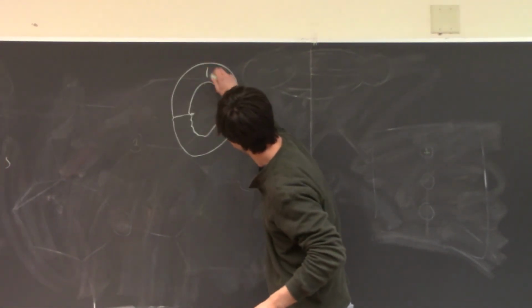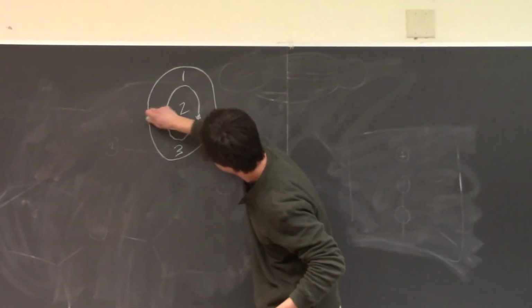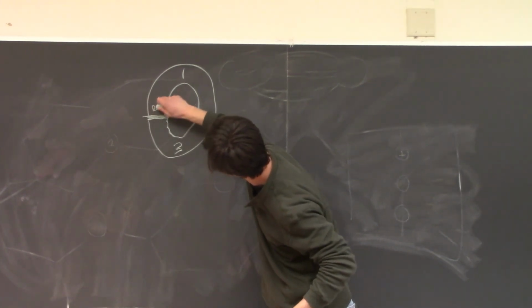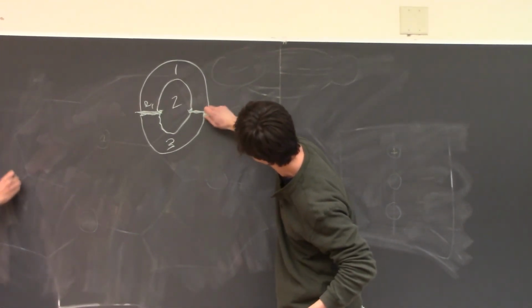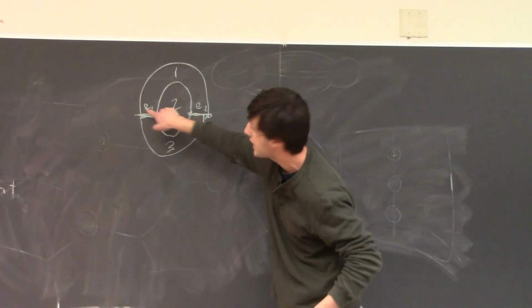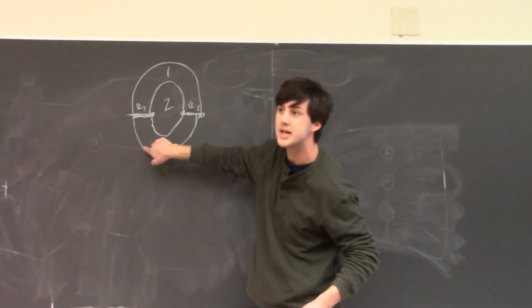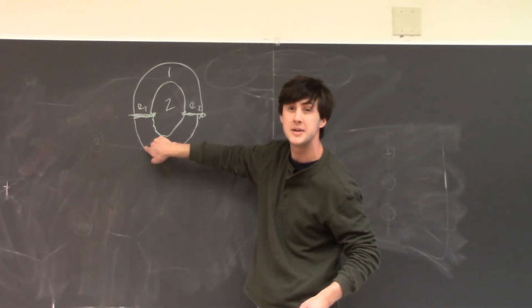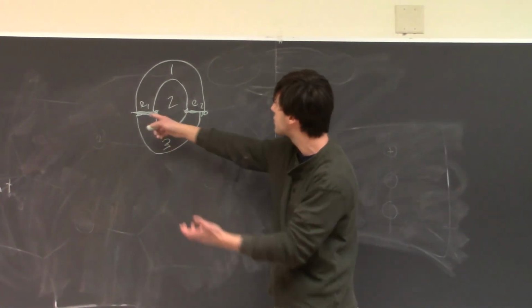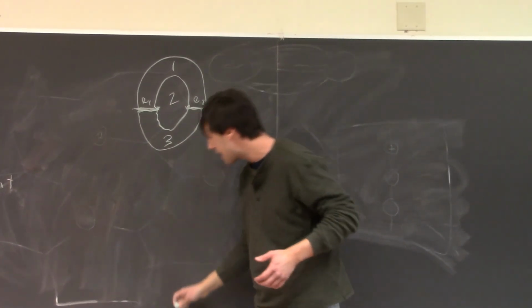This is region 1, 2, and 3. Here, say this is E1, edge 1, and here you have a second edge, E2. These are both edges between region 1 and region 3. And these are redundant edges in the map. So a maximally complete regular map is non-redundant.